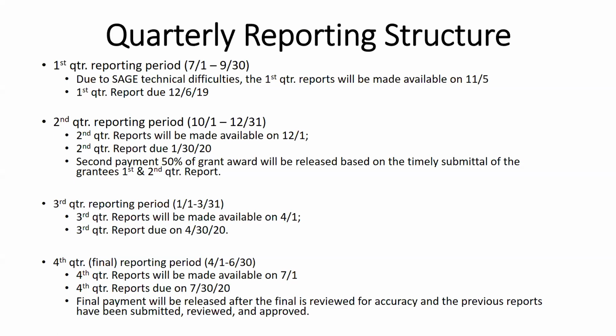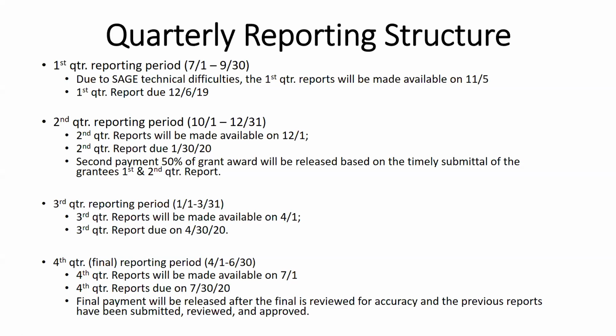All right, so the third quarter report period is from January 1 to March 31st. The third quarter report will be made available April 1st, and it is due on April 30th, 2020. The fourth quarter and final report period covers April 1st to June 30th.